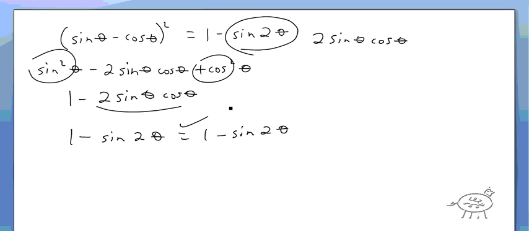Okay, so let's try another one here. If I have cosine of 2x equals 1 minus tangent squared of x over 1 plus tangent squared of x. So definitely the right-hand side is the more difficult side.